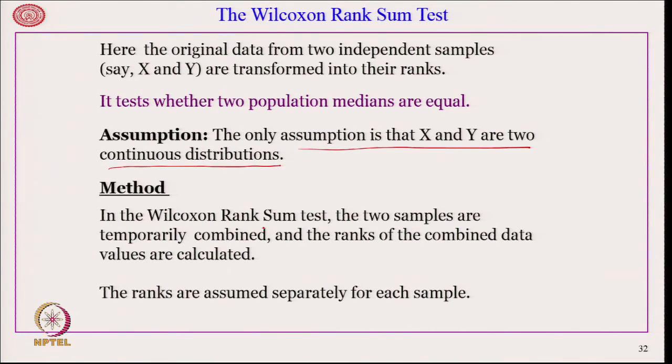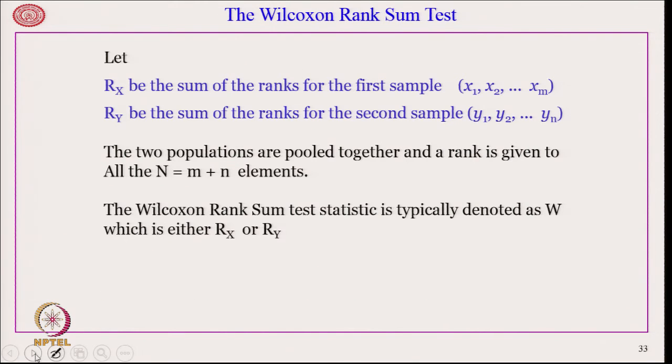What is the method? In the Wilcoxon rank sum test, the two samples are temporarily combined and the ranks of the combined data values are calculated. And then we look at the ranks for x and y separately. So, let R x be the sum of ranks for the x samples. That means we have m observations x1, x2, ..., xm. In the pooled array, they need not be consecutive.